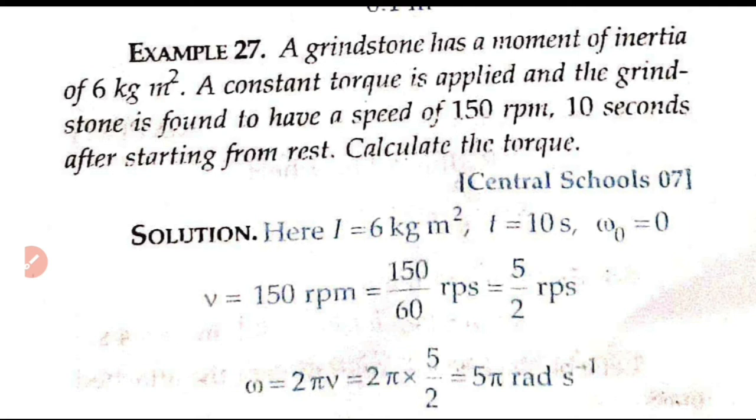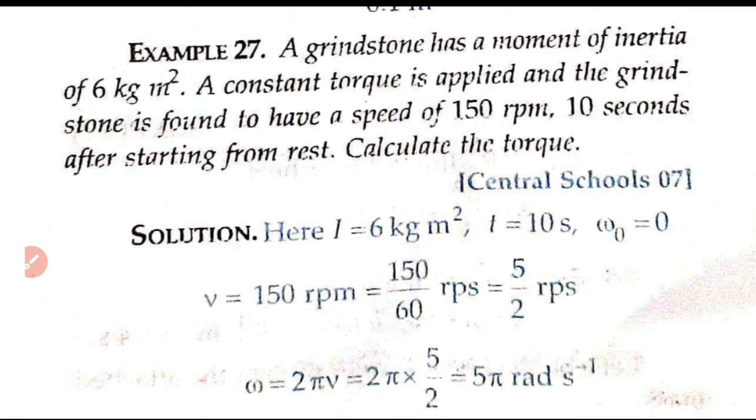Before that it is assumed to be at rest, so omega 0 is 0. To find omega, the final angular velocity, we have its speed, 150 rotations per minute. From that we will get nu, from which we will get omega.